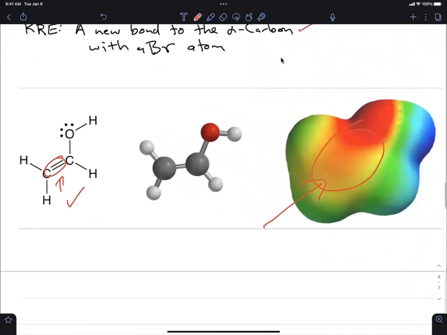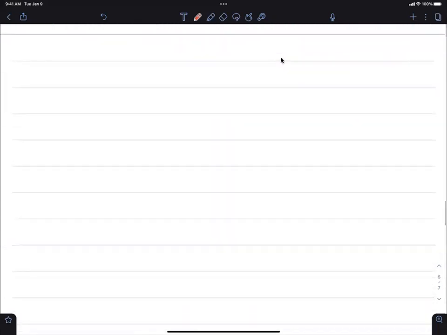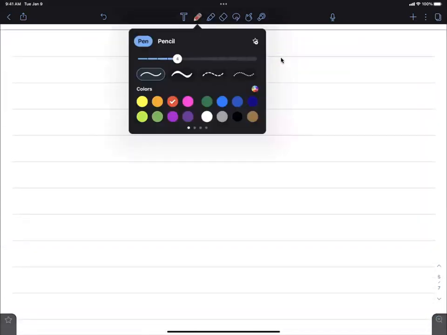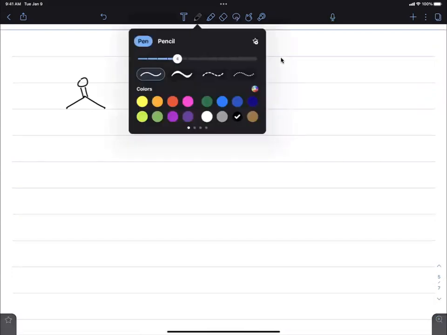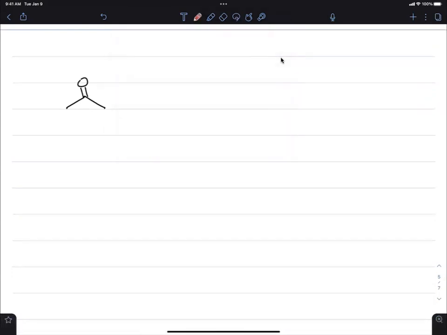Well, it turns out this reaction is very interesting from a synthetic point of view. Let me give you an example. Let's start with acetone again. And I'm going to react that under these conditions to generate the alpha-bromo product.